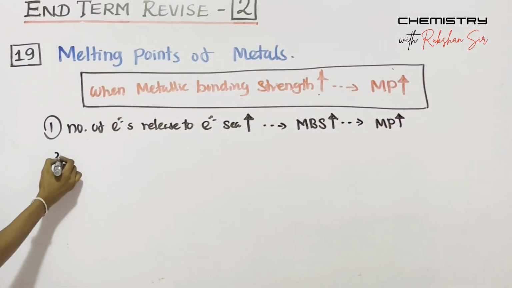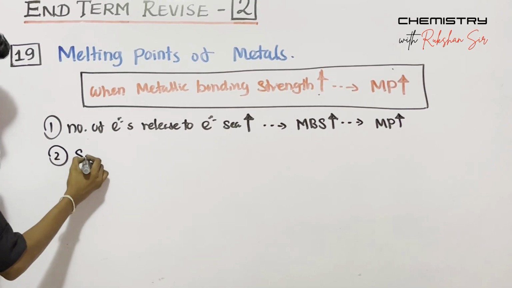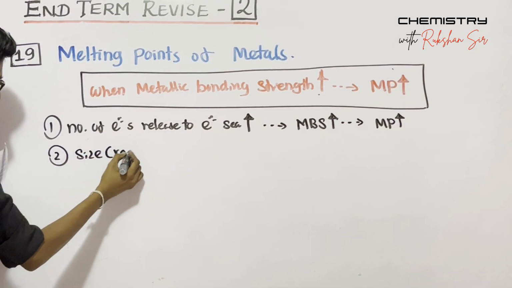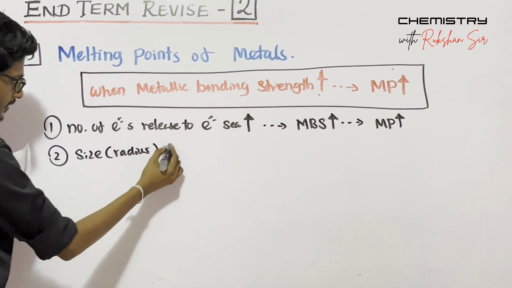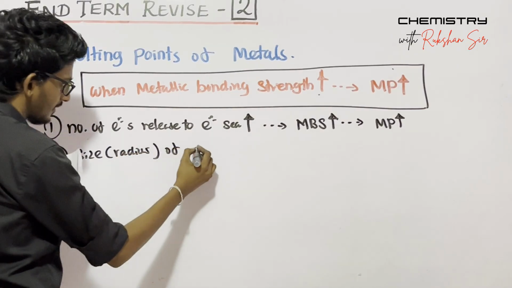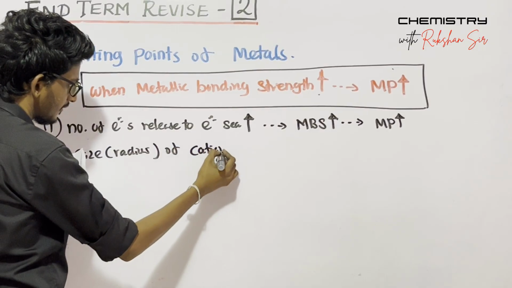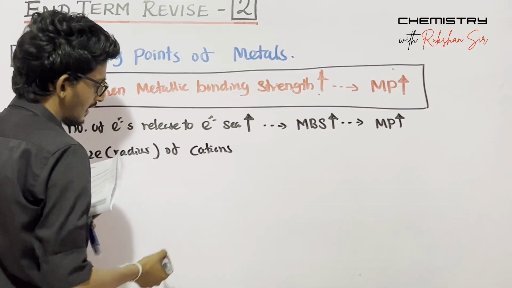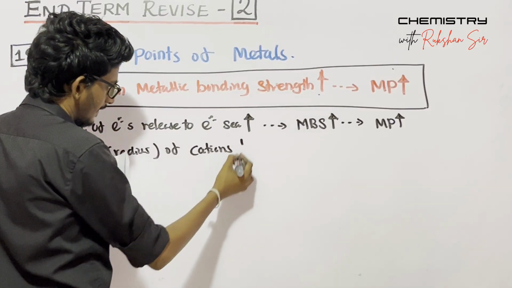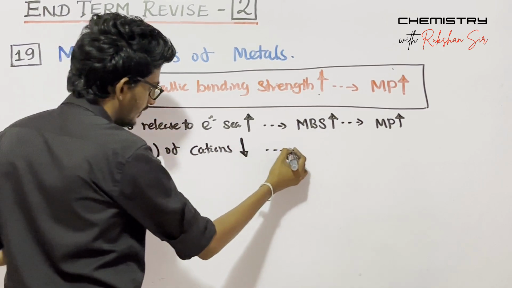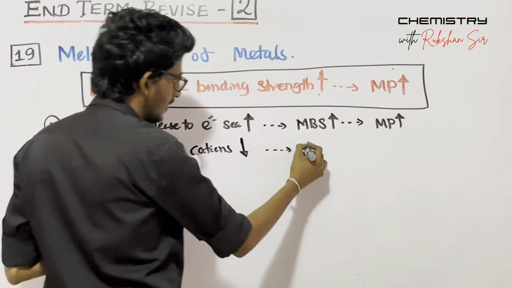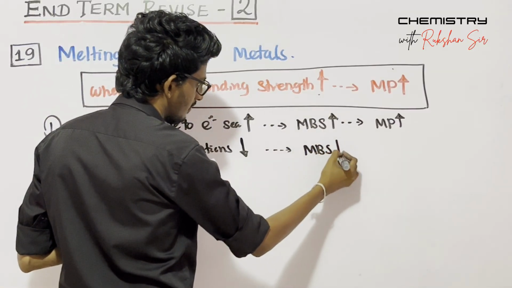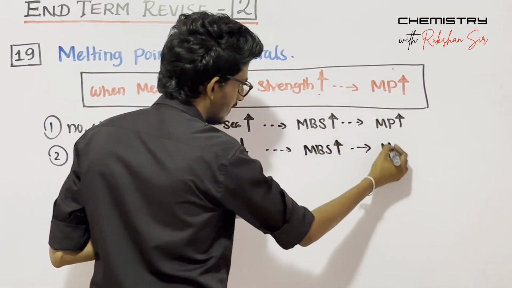The second factor is the size or radius of the metal cations in your metallic bonding lattice. When that radius is low, the charge density is high, so the metallic bonding strength will be high, giving you a greater melting point.